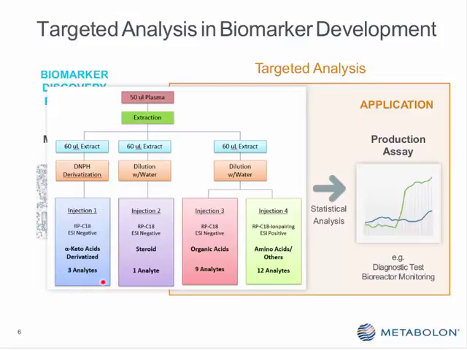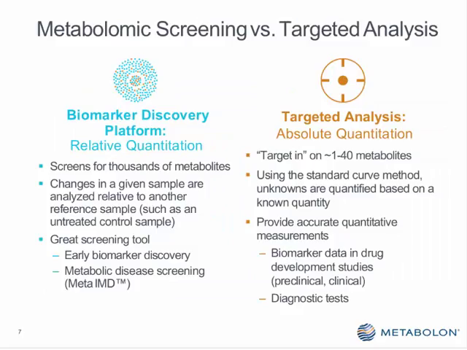In this case, we're monitoring for 25 analytes over 4 different methods on many different instruments. At that point, we are able to run it back again through our biochemists and statisticians, narrow those analytes down even more to eventually go into a production assay, possibly in our CLIA group, diagnostic test, bioreactor monitoring, whatever the case may be.